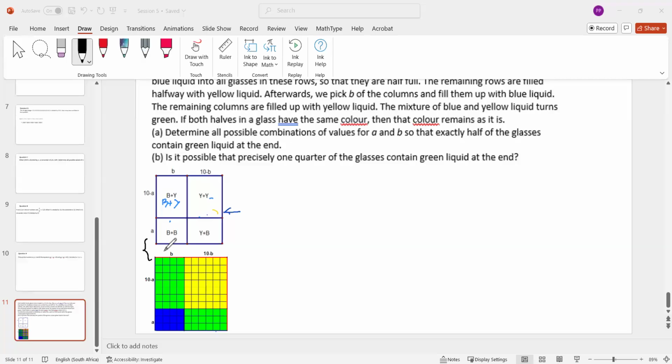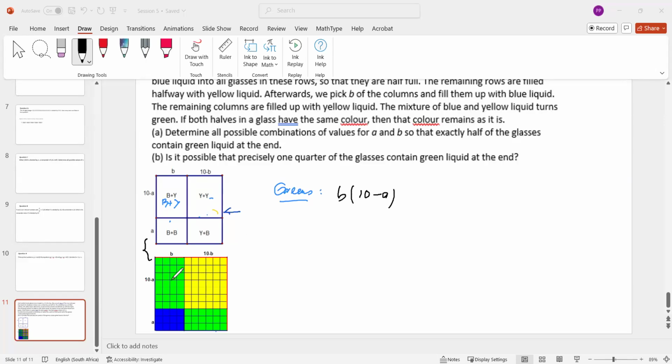This is a rectangle, and you have B columns and 10 minus A rows, so you have green. The greens are the mixture of B and Y, you see? So the number of glasses here will be B times 10 minus A, right?